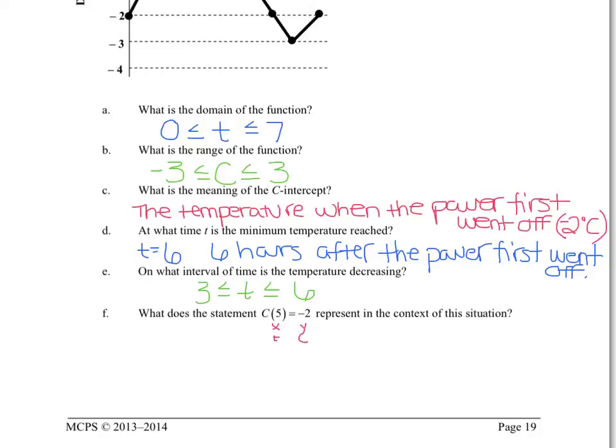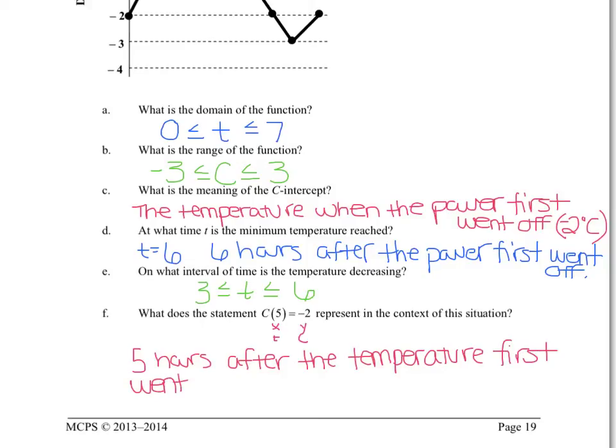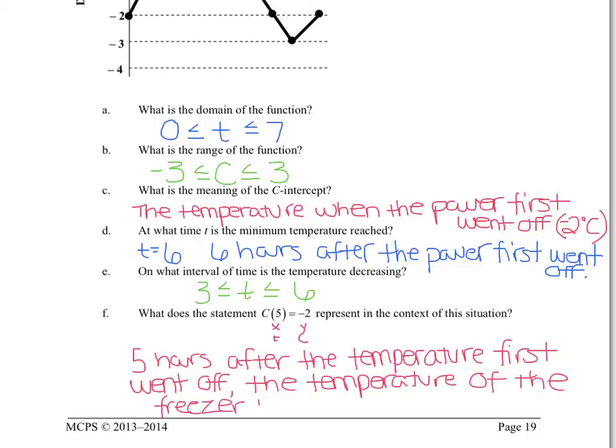So what it represents is 5 hours after the power first went off, the temperature of the freezer was negative 2 degrees Celsius. When you're given questions like this, please don't forget to use your units. Okay?